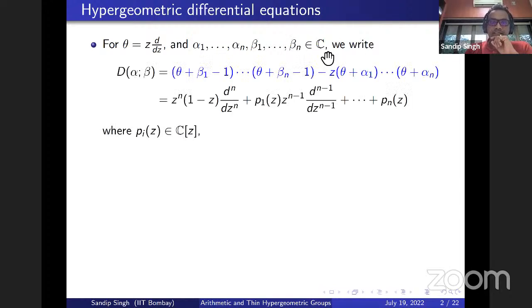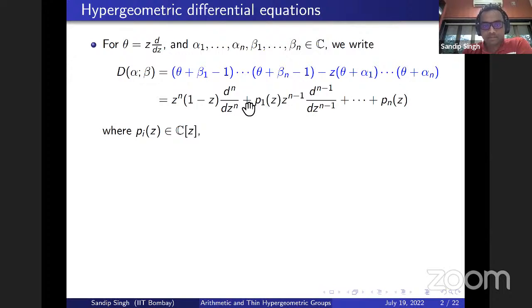For them, we write the differential operator D_{alpha,beta} as the product of (theta + beta_j - 1) minus z times the product of (theta + alpha_j). If we expand this, the highest coefficient will be the polynomial z^n times (1 - z).